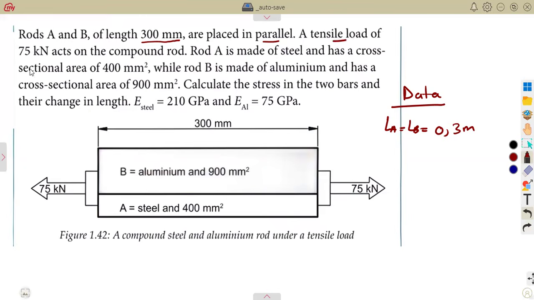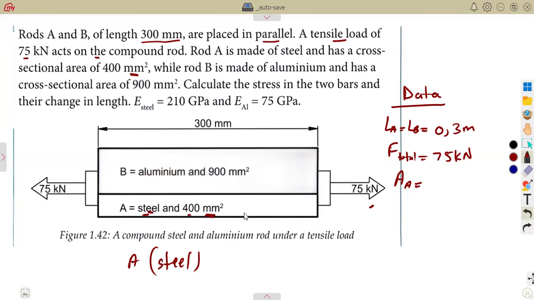A tensile load of 75 kilonewtons acts on the compound rod. That is the total force. The rod A is made of steel and has a cross-section of 400 square millimeters. So the area at A, which is the area of the steel, is 400 square millimeters.